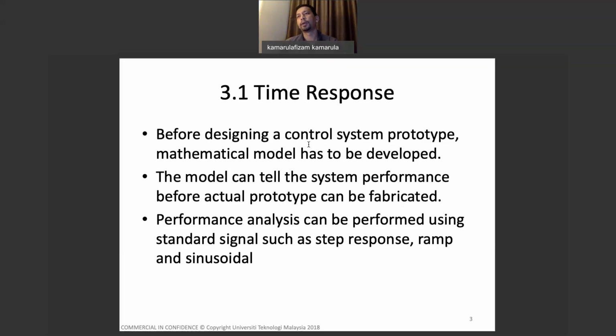But if our control system is working in an environment with input that has sudden changes, we may want to use a step response, or maybe an impulse response, for example.